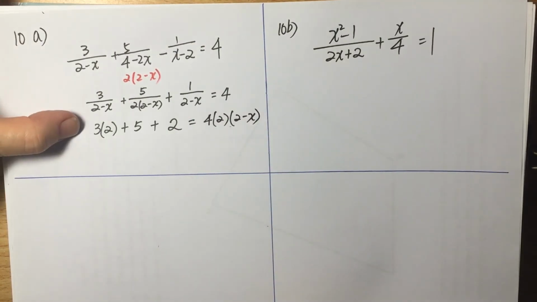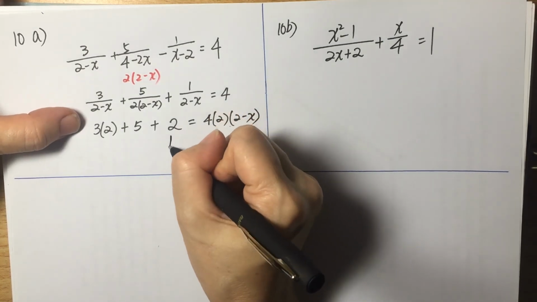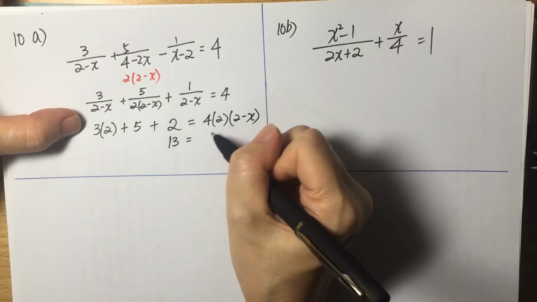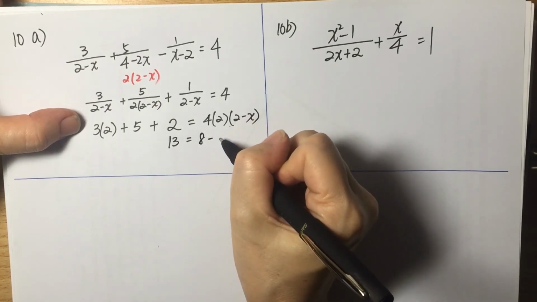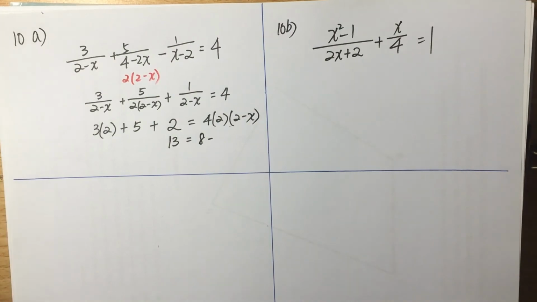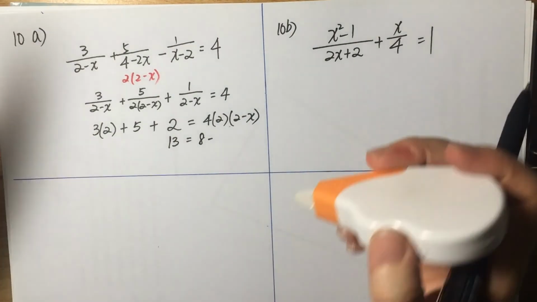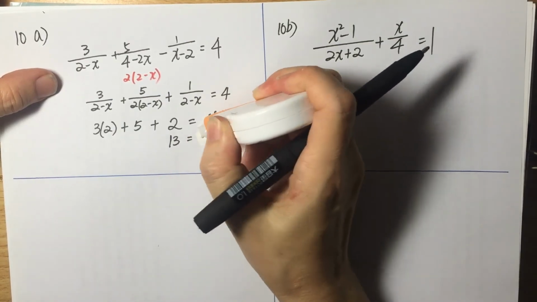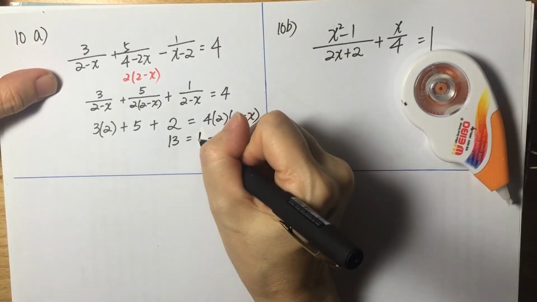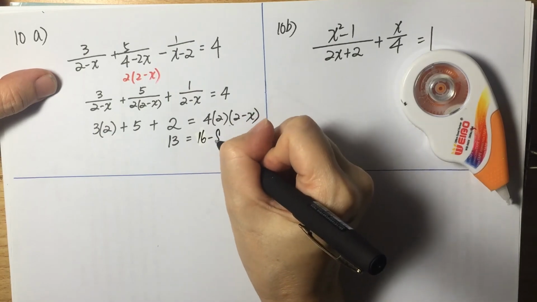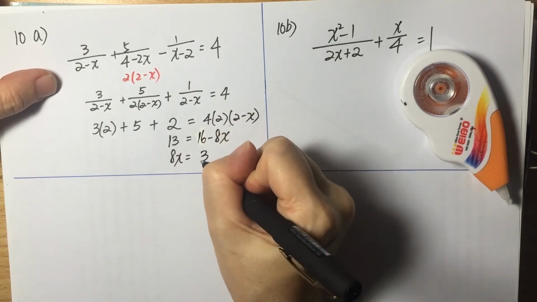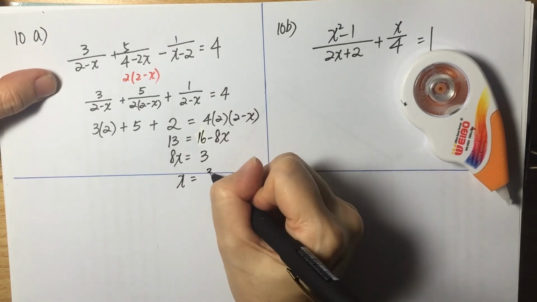So can you see that now? I'm actually getting 13 here, and then this is going to be 16 minus 8x. So 8x is actually 3. So x is actually 3/8.